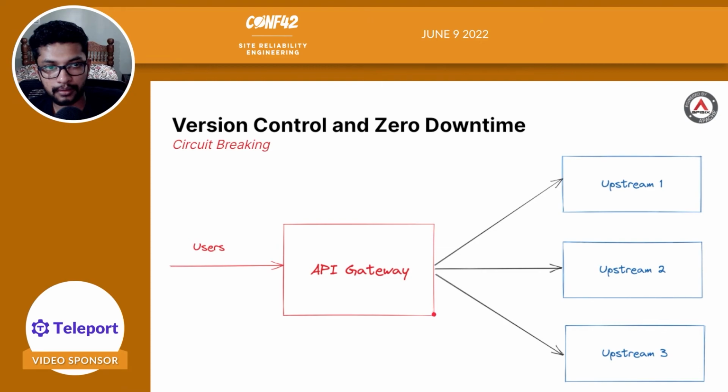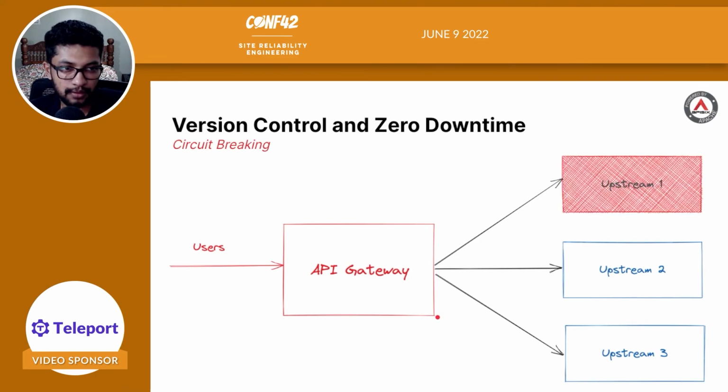And if one upstream service is unavailable, or maybe it is experiencing high latency, it needs to be cut off. Because if you don't cut it off, requests coming to the failed upstream will stagnate, and it will cause resource exhaustion, and the gateway or the service will keep retrying the request.